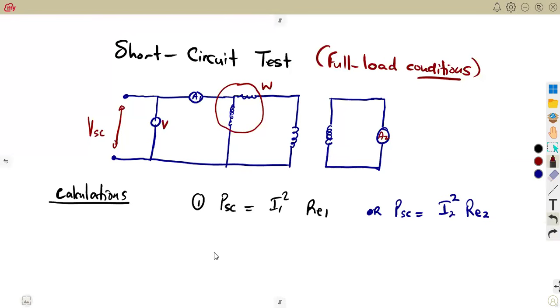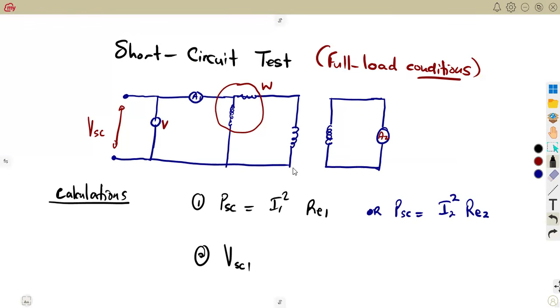We consider the primary side. Another part that you're going to need is the short circuit voltage, which is the reduced voltage applied to the primary side while the secondary side is short circuited. That is the one that you write as V short circuit 1.